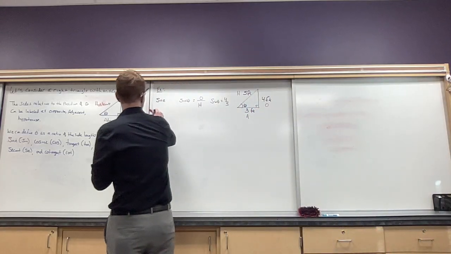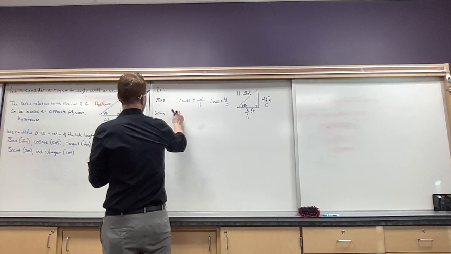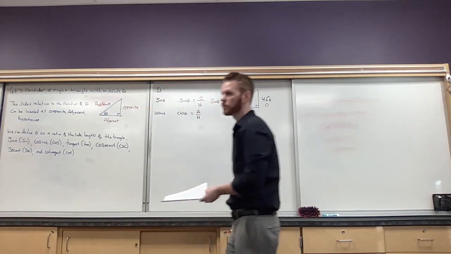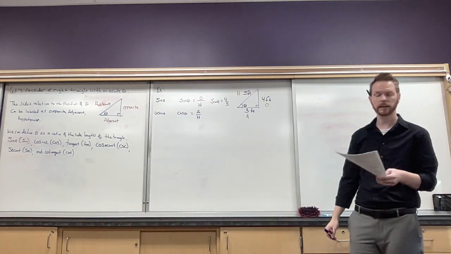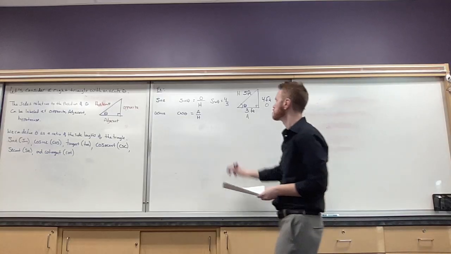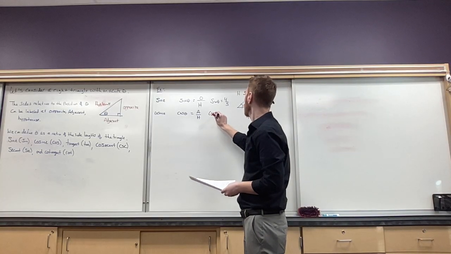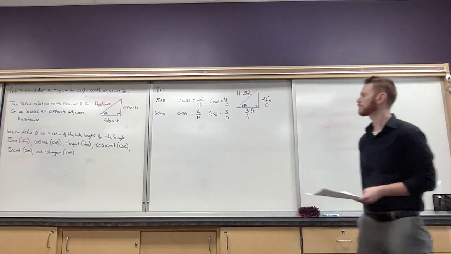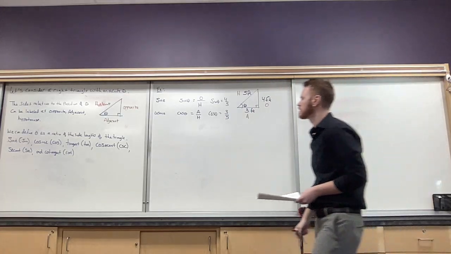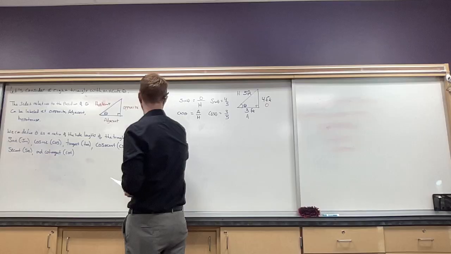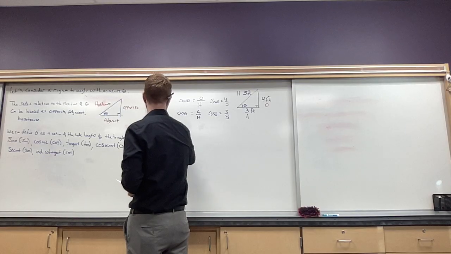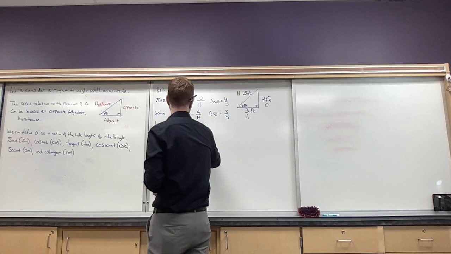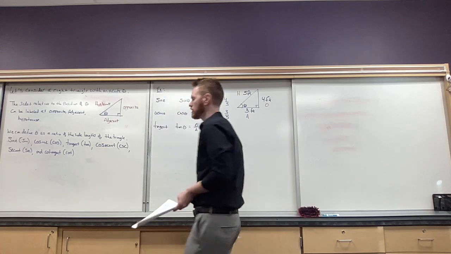Okay, next, cosine. It's your adjacent over your hypotenuse. Those 2 side lengths as a ratio we call cosine. So in this triangle, that's going to be 3 over 5. Tangent is your opposite over your adjacent side.